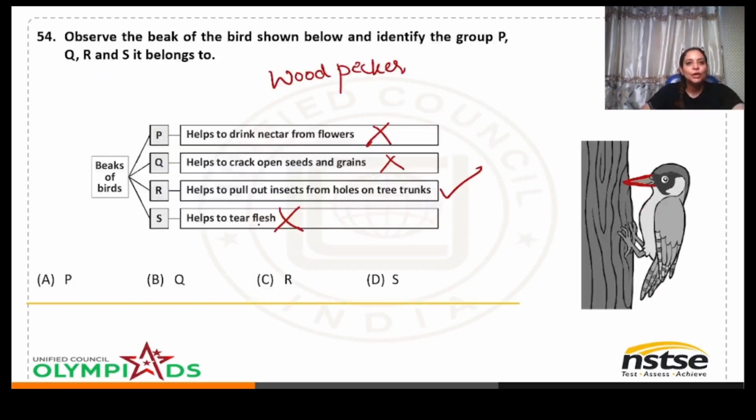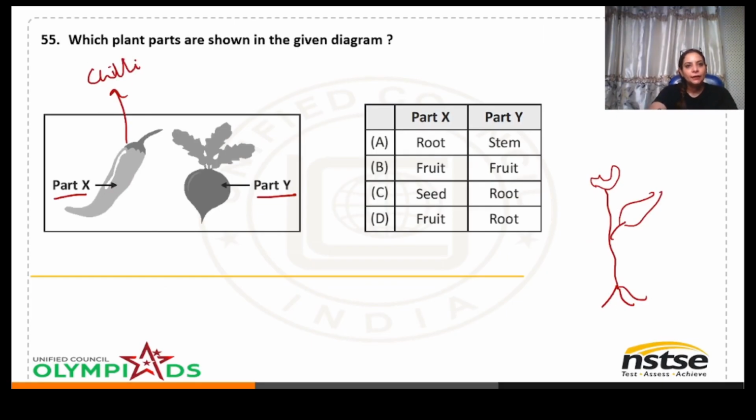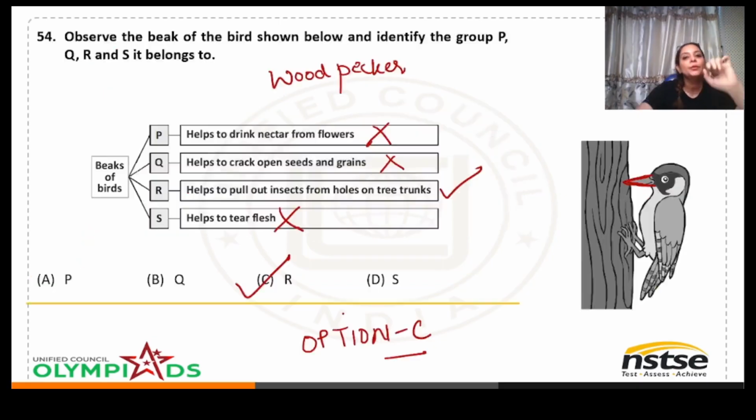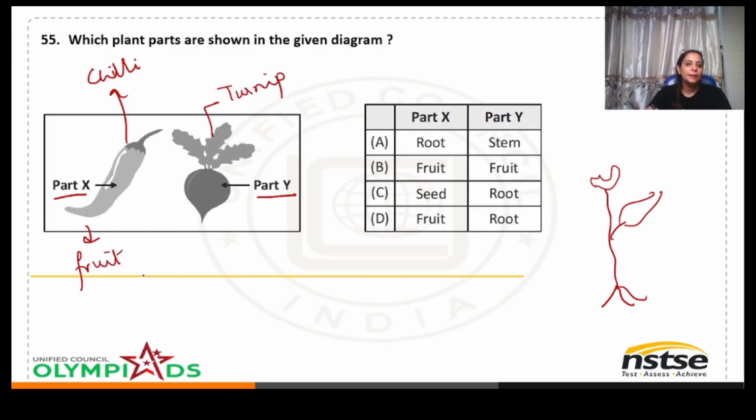It represents green chili, and this represents turnip. Now what is chili basically? Chili is obtained from the fruit part of the plant, means it is a fruit of the plant, and turnip is obtained from the root part of the plant. So the option which carries fruit and root will be the right answer.